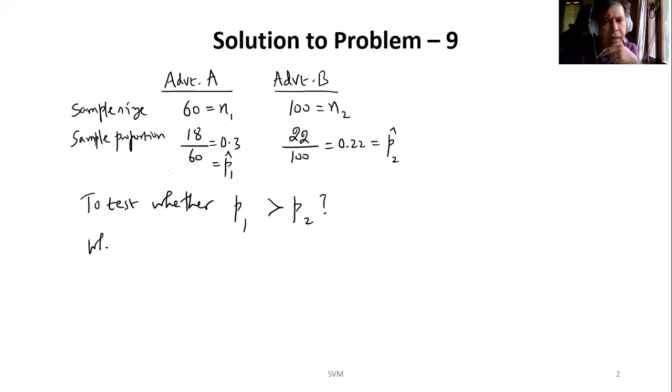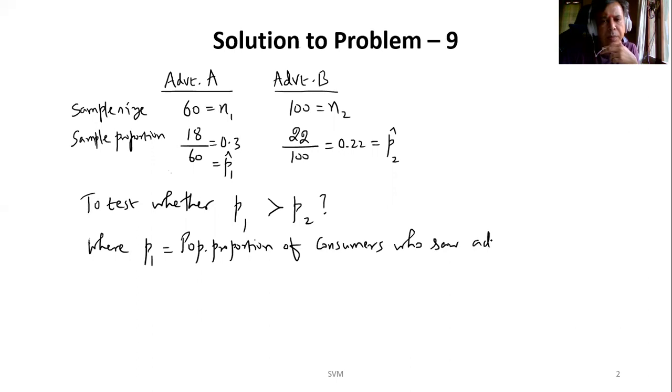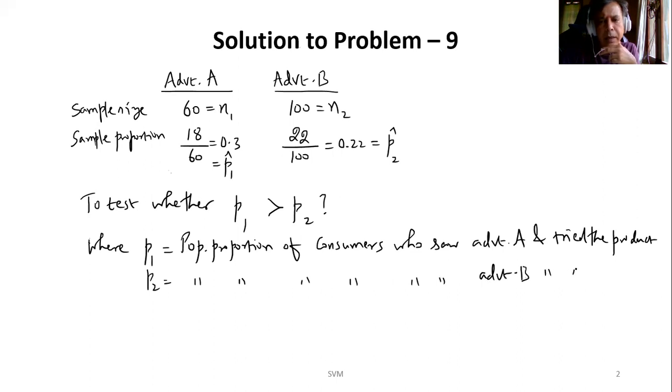Where I can say P1 is the population proportion of consumers who saw advertisement A and tried the product. P2 will be population proportion of consumers who saw advertisement B and tried that. So this is what we are supposed to test.